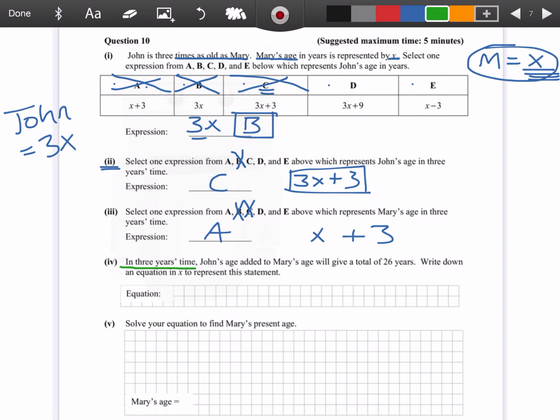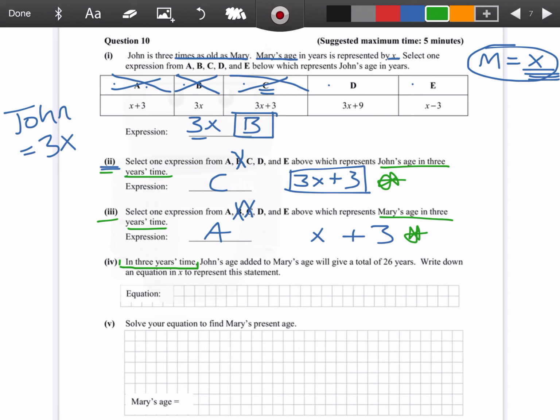In 3 years' time, okay? Because it's talked about Mary's age in 3 years' time. It's talked about John's age in 3 years' time. So I'm thinking I need to use the expressions that we talked about in parts 2 and 3 here, okay? So I want to use that 3x plus 3, and I want to use that x plus 3.